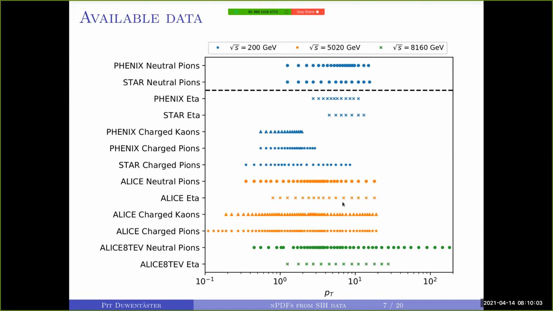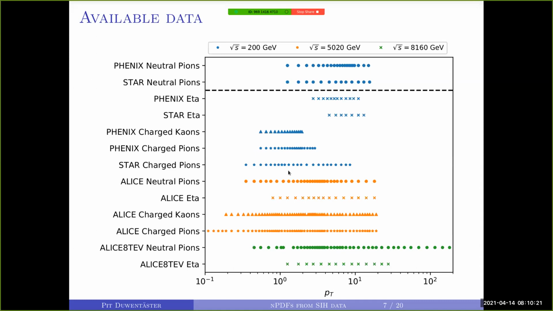As you see, some of the data sets have a large range in pT, but many of them also go quite low in pT, which means they're going to have to be cut due to our perturbativity concerns.